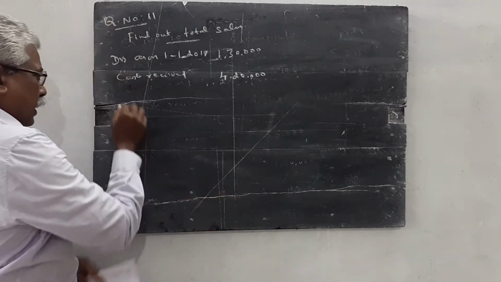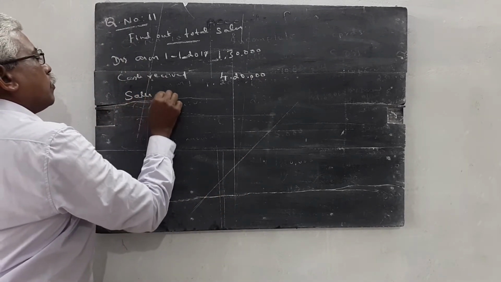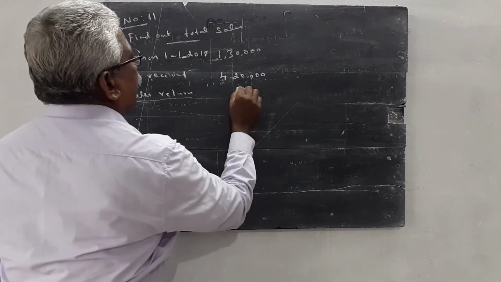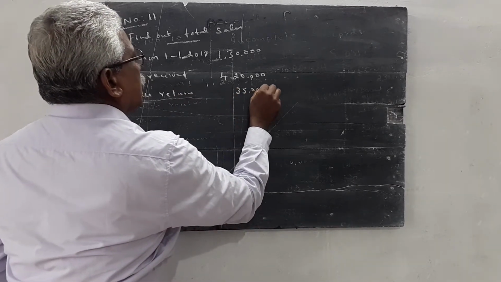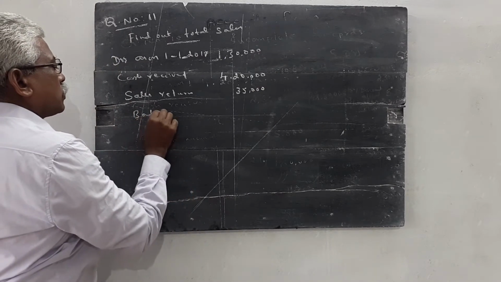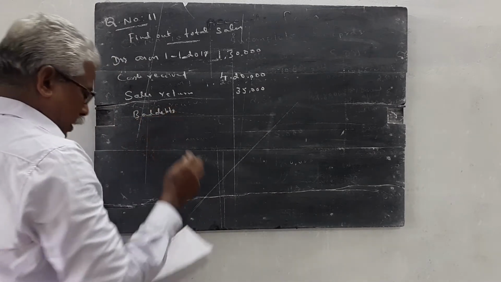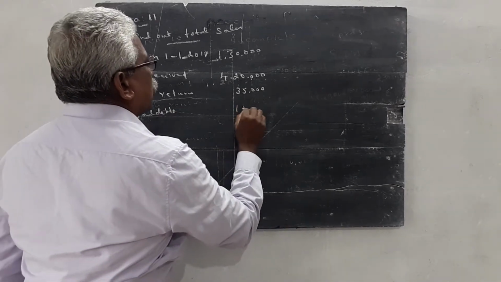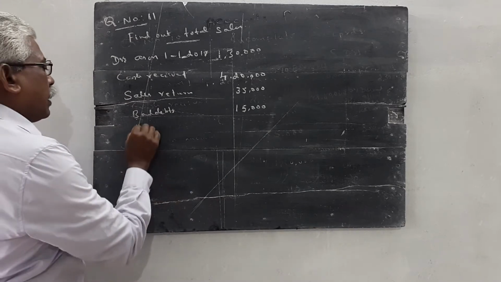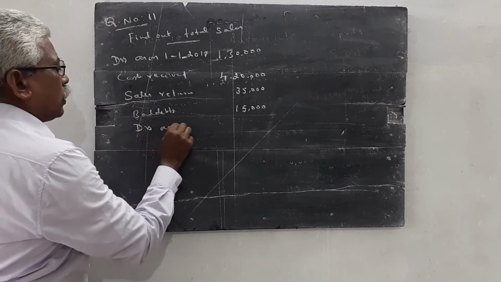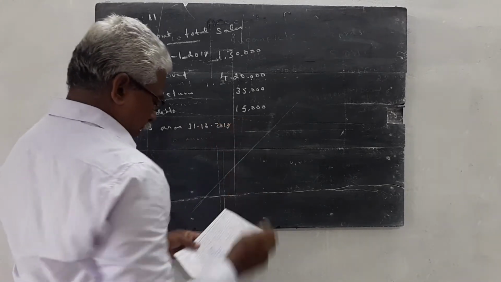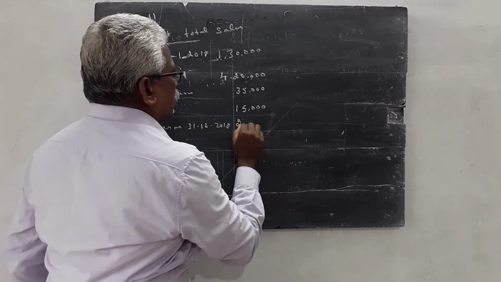Then sales return 35,000. Then bad debts 15,000. Debtors as on 31/12/2018, rupees 2 lakh.